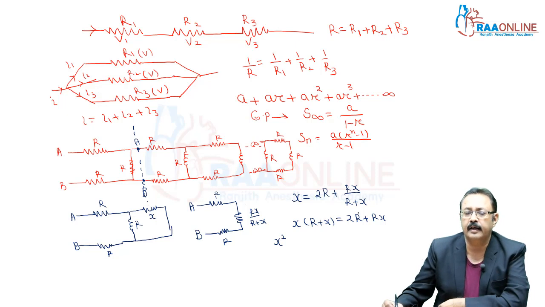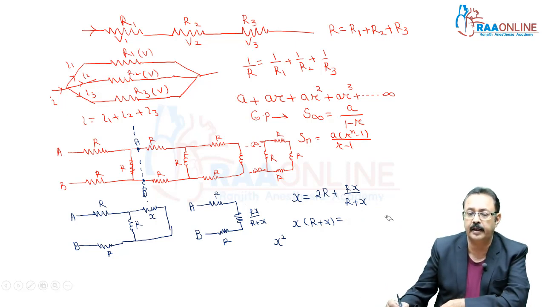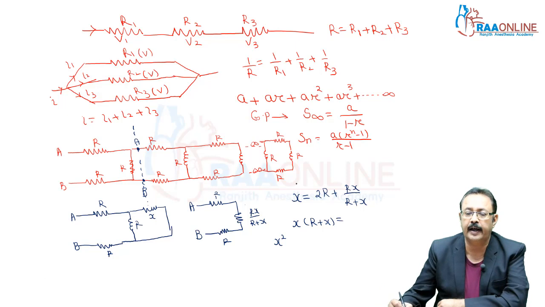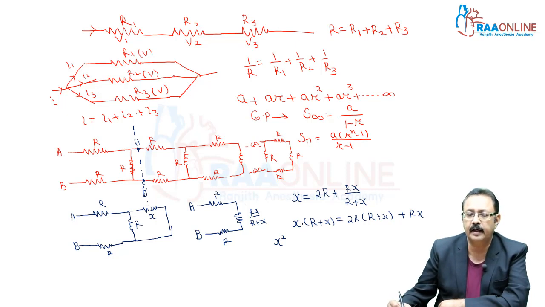Multiply the whole equation by R plus X. What we are getting? X into R plus X, and it is 2R into R plus X plus Rx. So X square only there. This Rx will cancel with this Rx.